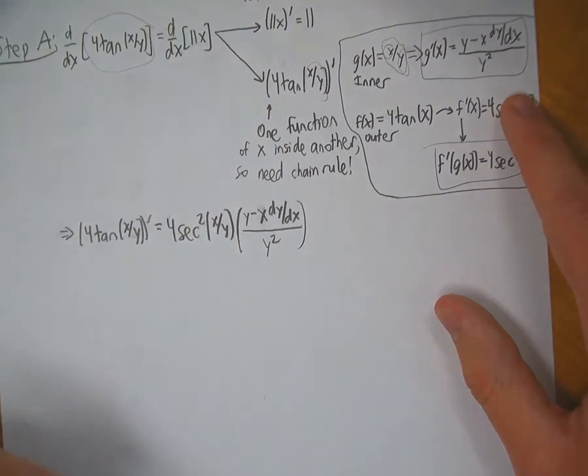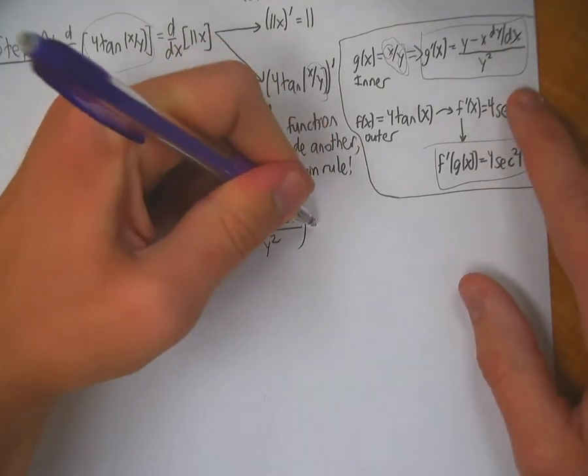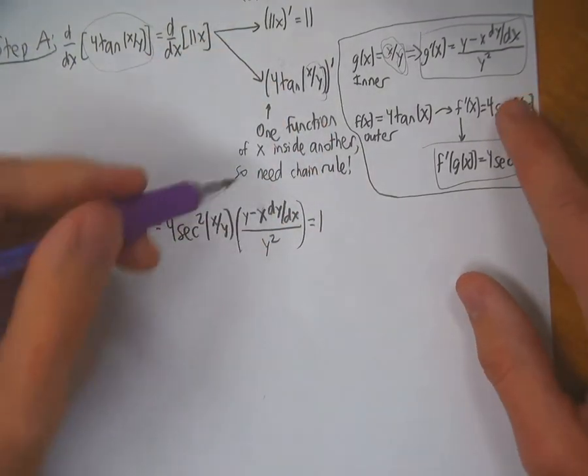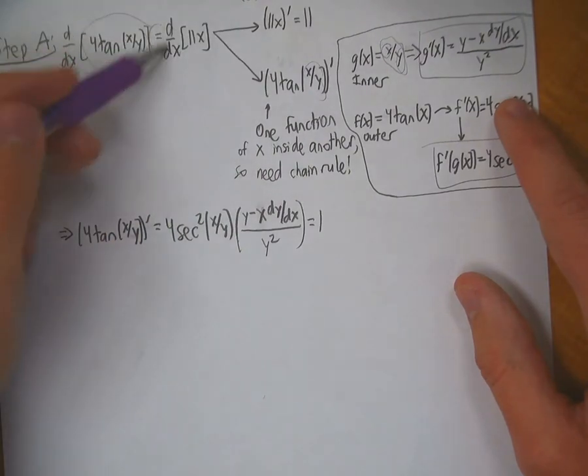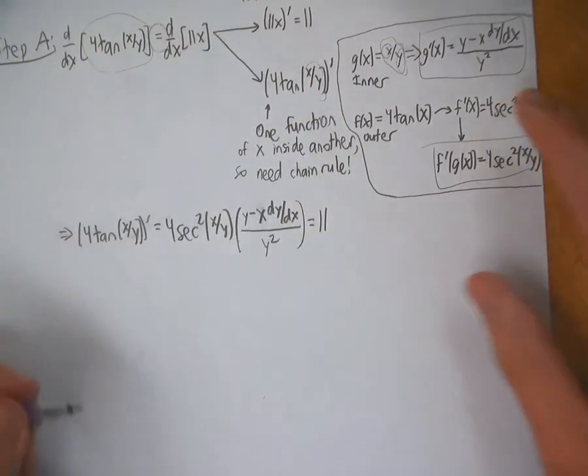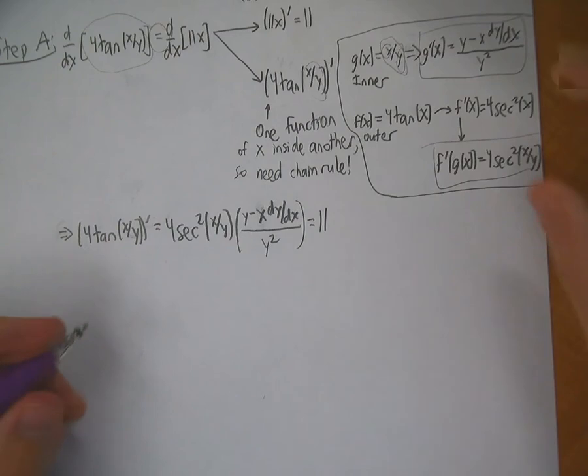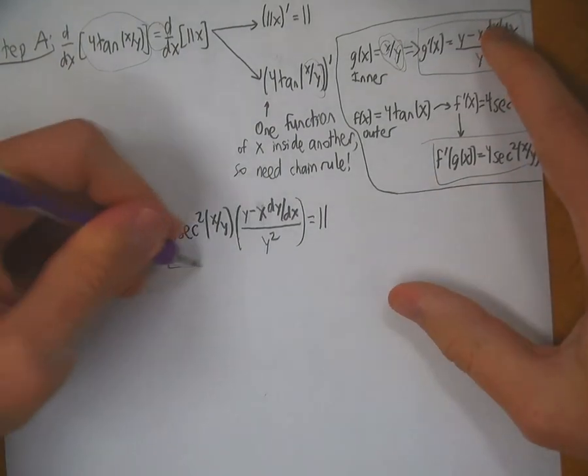And then because of our equality up here, this is just equal to 11. Okay? So this is now step A.